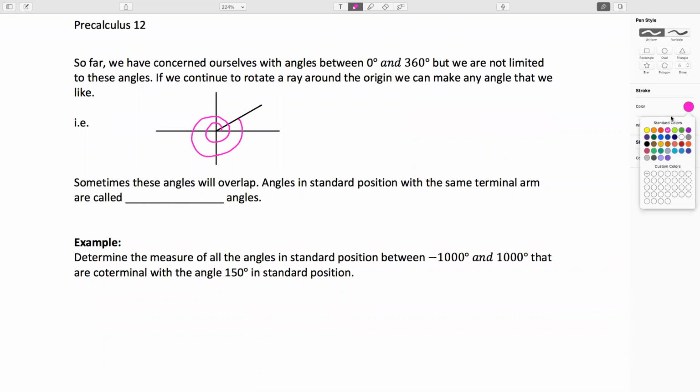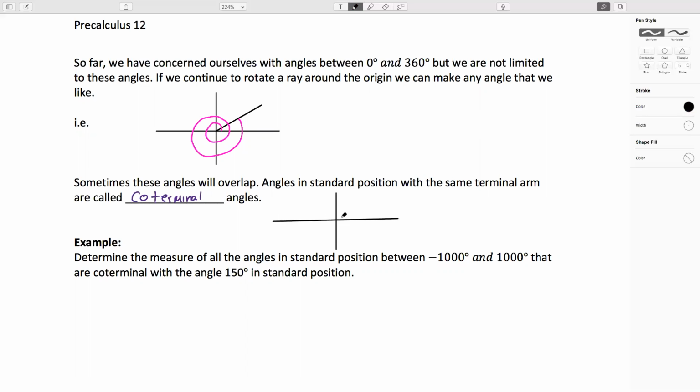Sometimes these angles will overlap. Angles in standard position with the same terminal arm are called coterminal. So to give you a quick example, we'll just pick the same kind of triangle. We've actually got a ray that goes up like this. One angle is going to be measured in standard position.